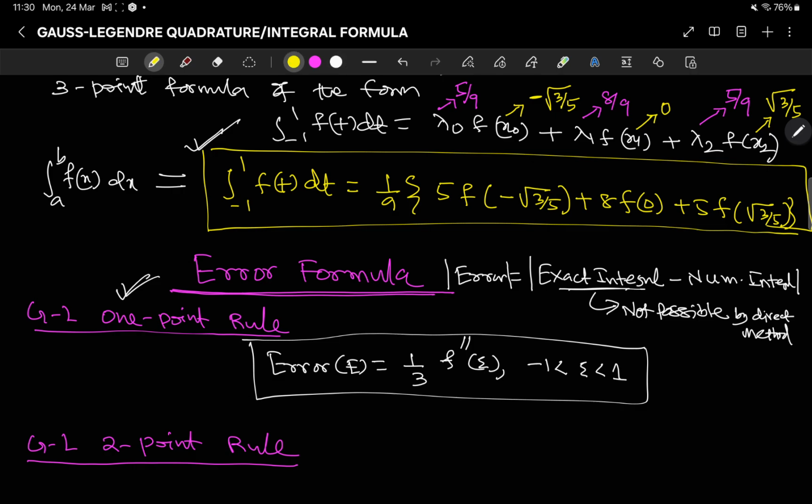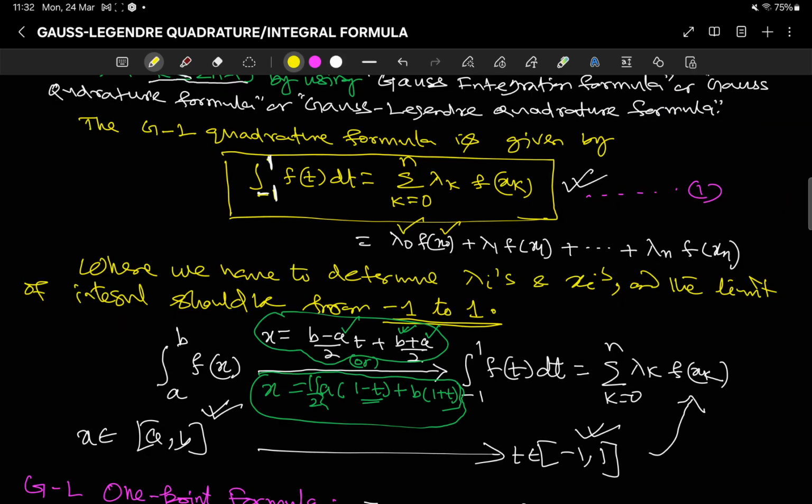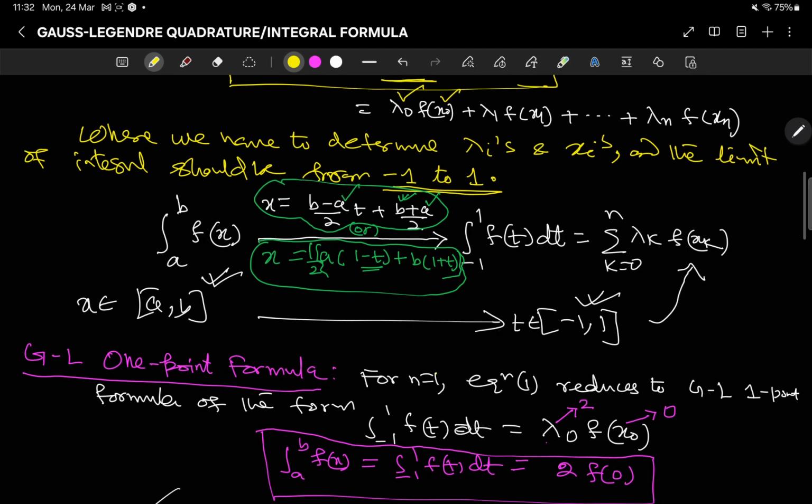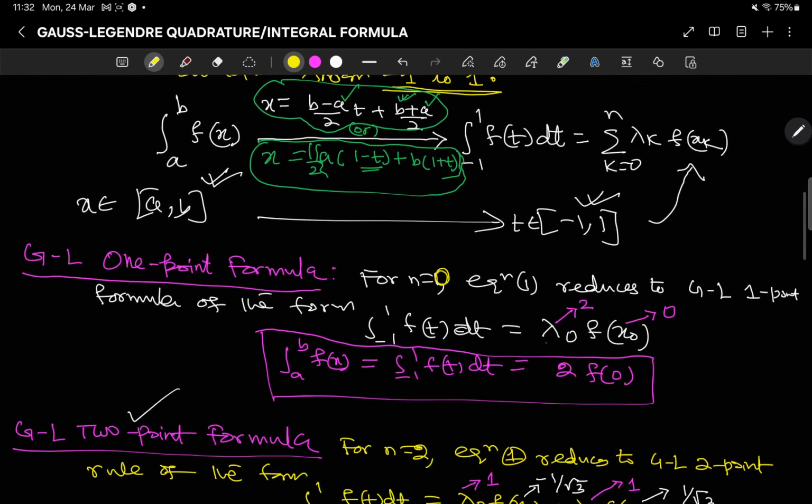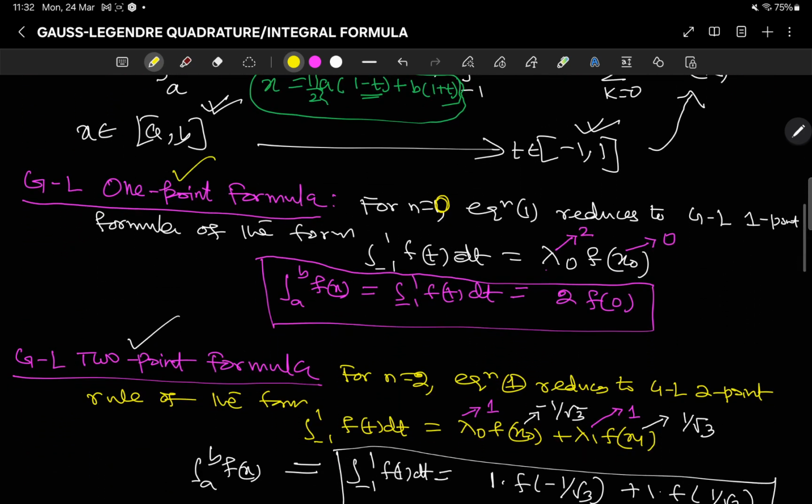And the error formula for the 2-point rule is, we have a little correction here. Here the formula varies from 0 to n, instead of 1 to n. That's why for the 1-point rule, for n is equal to 0, we have one node. Okay, this is called the 1-point formula. For n is equal to 1.